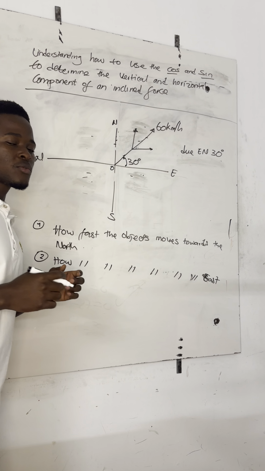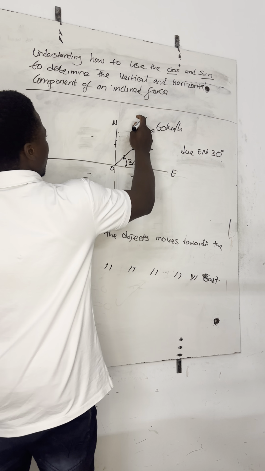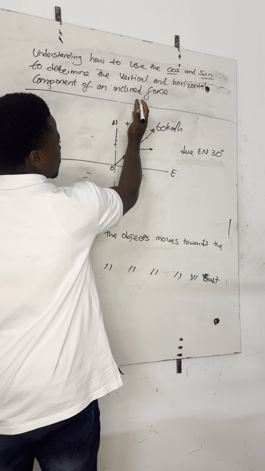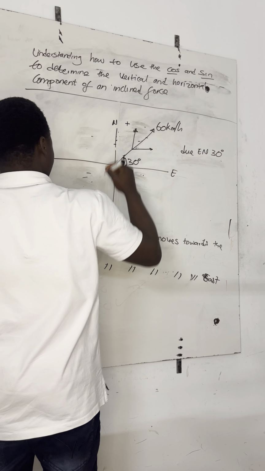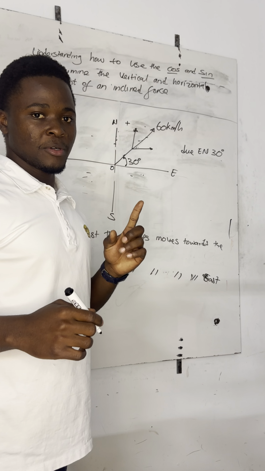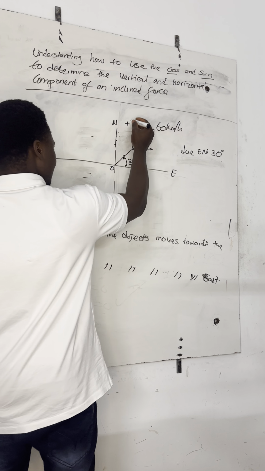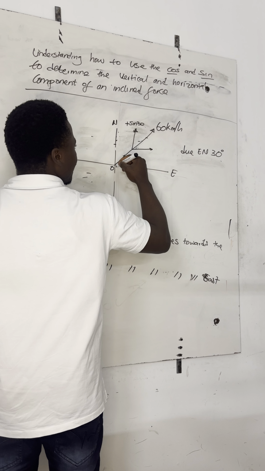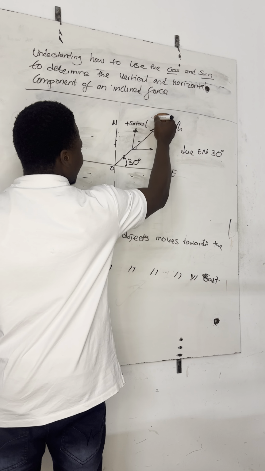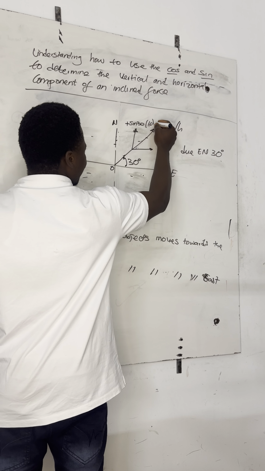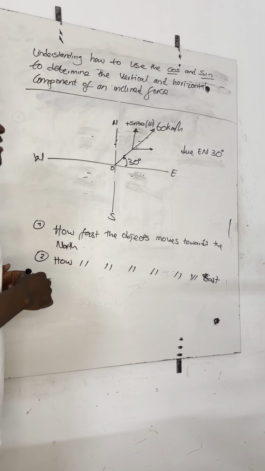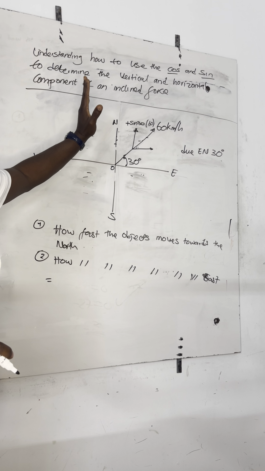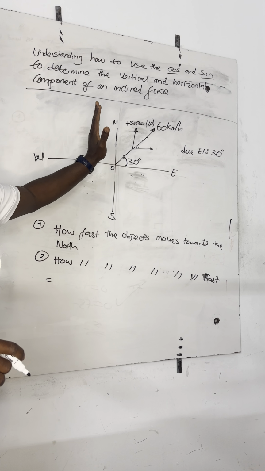Simply, the simplest way I'm going to tell you is, what is the sign of this quadrant? It's positive towards the right because this is moving forward. So it's positive. Now, look at what is happening. Sine 30 degrees, multiplied by 60, for you to get how fast it's moving towards the north.